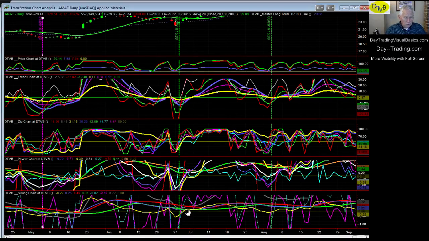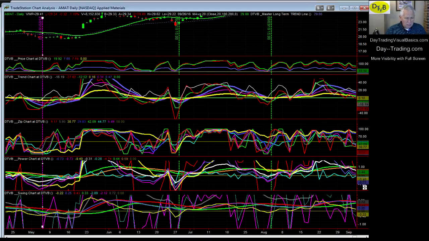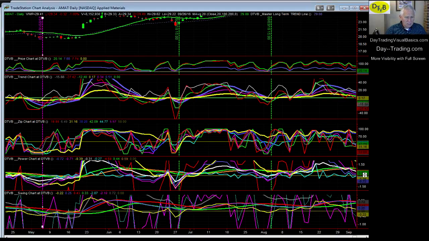So be conscious of low angle movements. We love the 1-day low angle movement, but other angles can just throw us off. And also, in the pink line, your power red is real low, and when it goes up and it's still under zero, it's not a good indication. That's what you have here on your pink line.